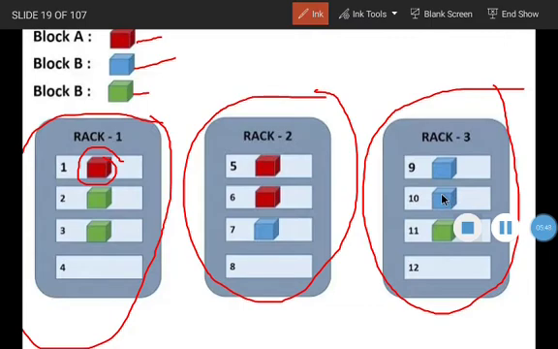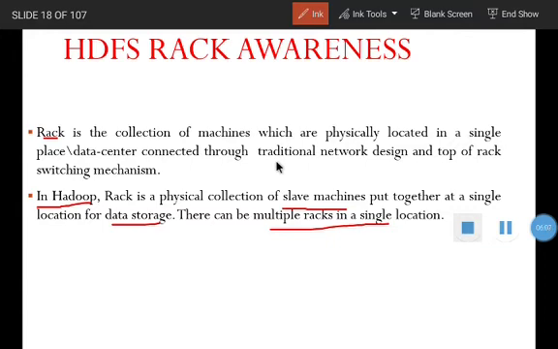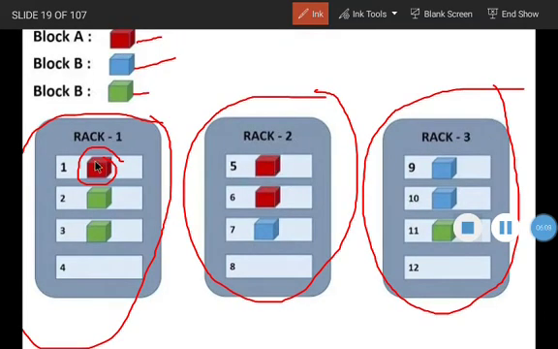Rack awareness, going back to the previous definition, deals with data locality. A Hadoop cluster will exhibit three levels of data locality. Data residing on the local machine is called best. If data resides in the same machine, then it is best.